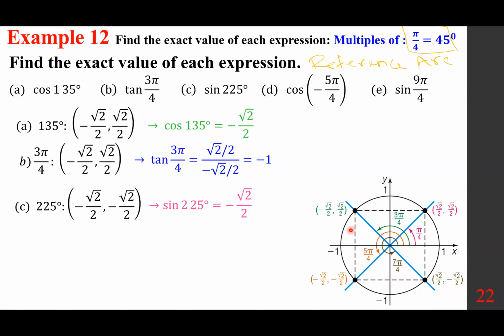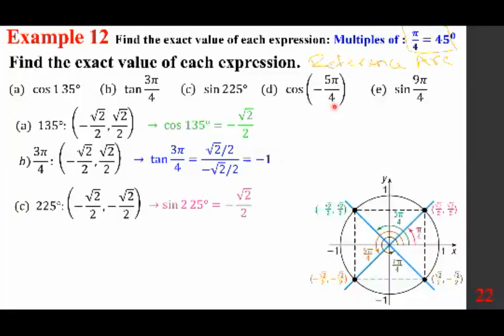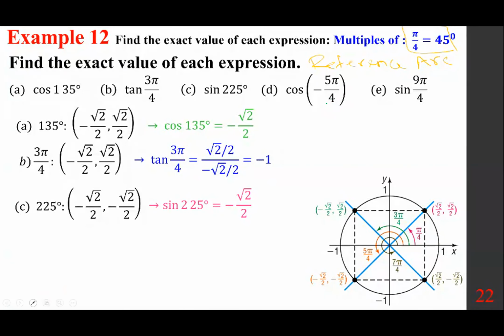So 3 pi over 4 and negative 5 pi over 4 have the same terminal side. Cosine is the x coordinate, minus square root of 2 over 2.